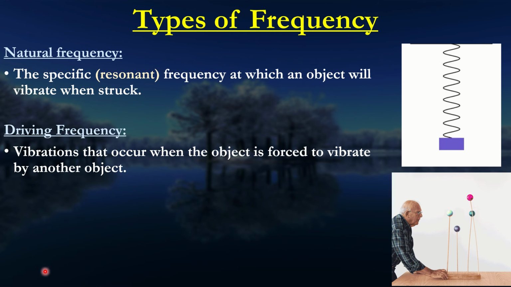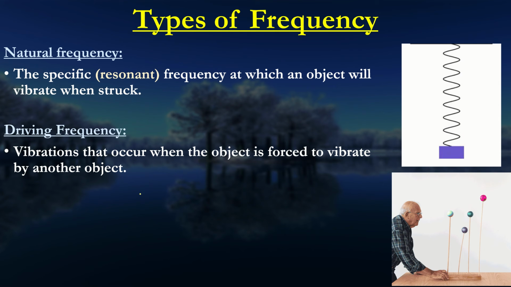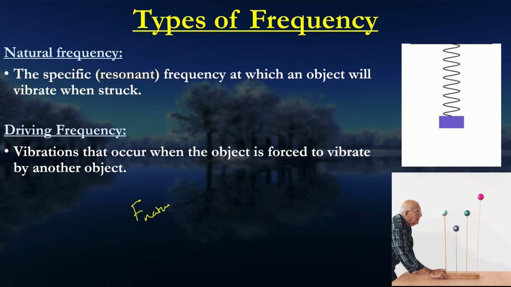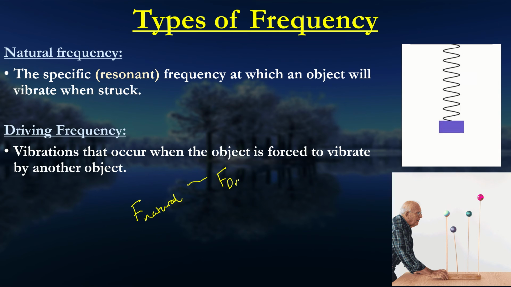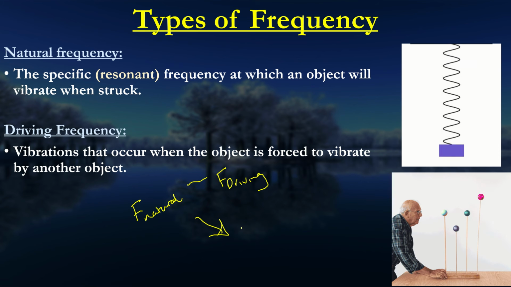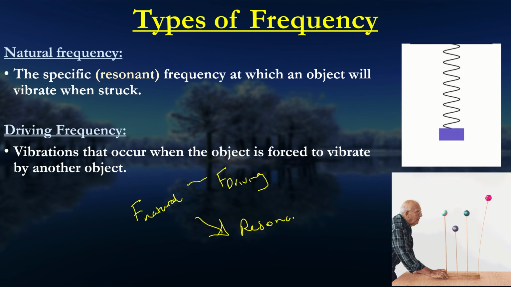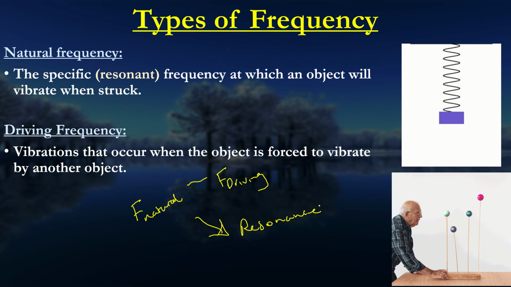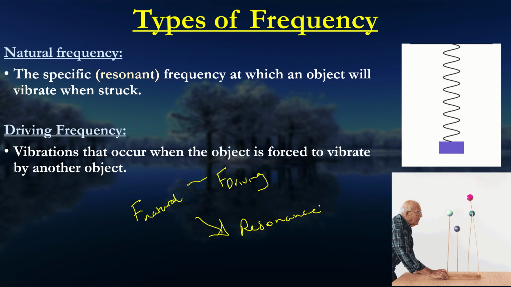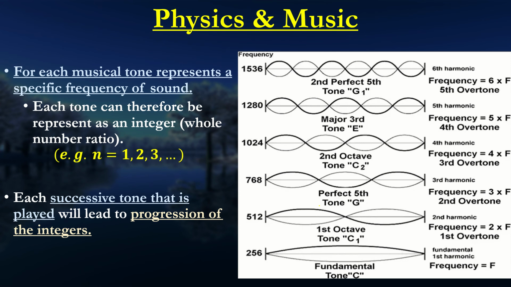Under the circumstance where the driving frequency and the natural frequency match each other, then you get a thing called resonance. Resonance, basically what we're talking about with superposition, we get a higher volume, greater standing wave, and such.